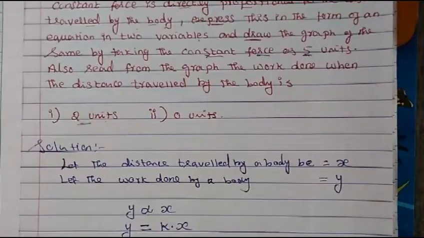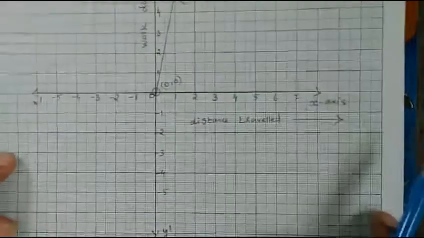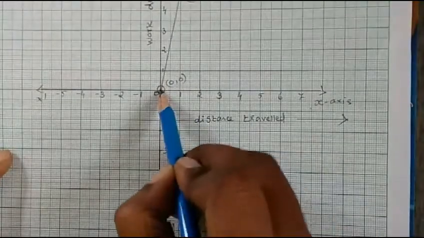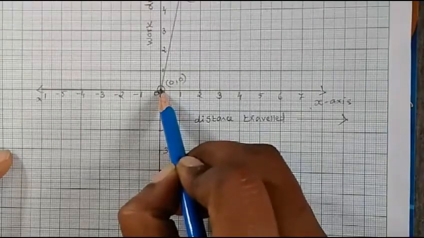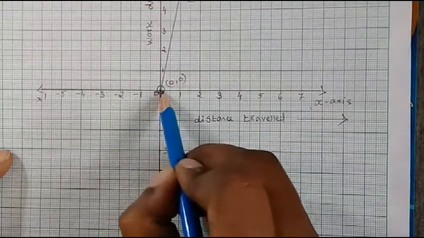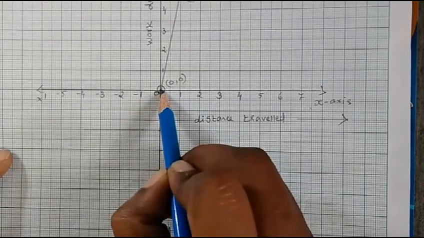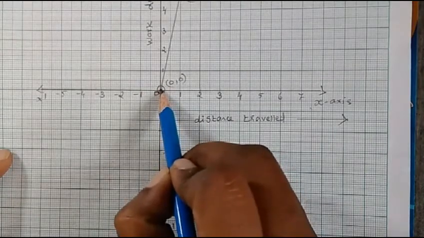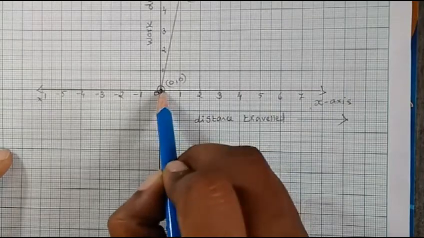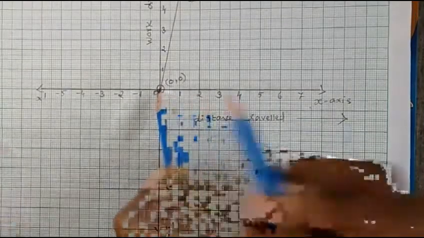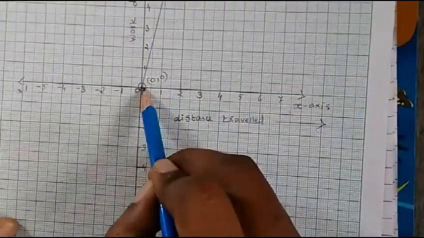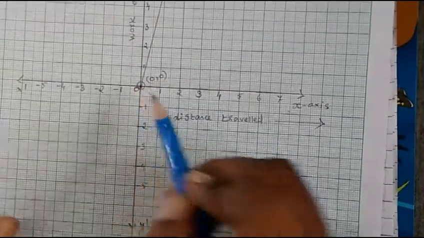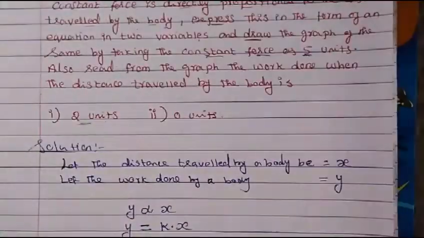And next for 0 units, x also is 0. When the distance traveled is 0 units, the work done also will be 0 only, because in the x direction 0 is here, and in the y direction also 0 is here. So for 0 units, the work done is 0 only.